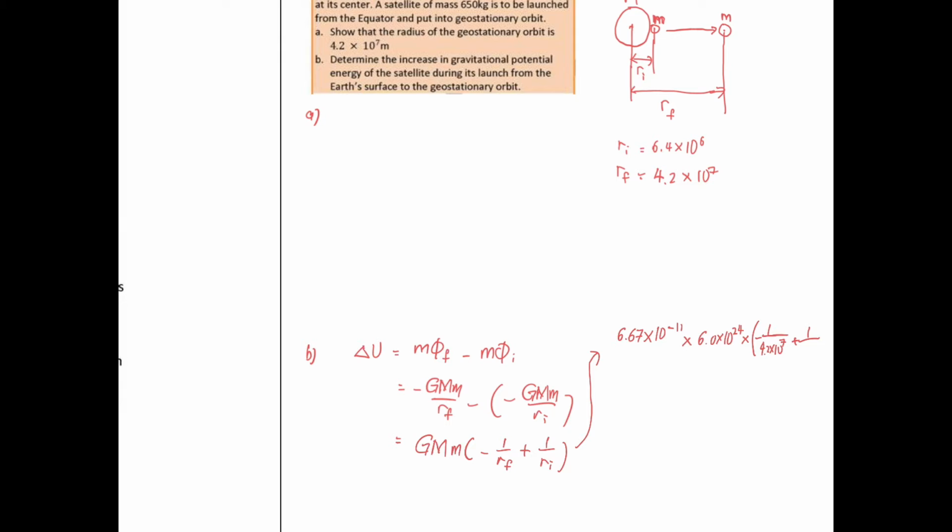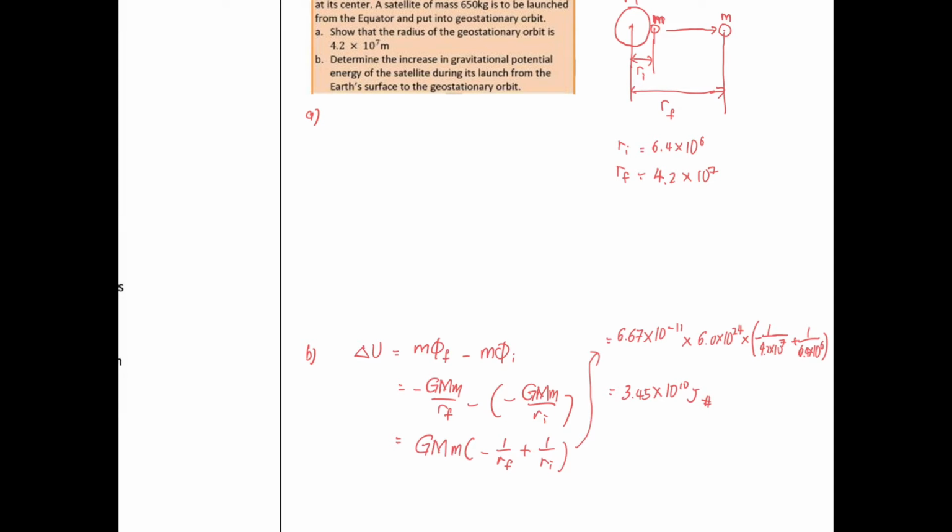R initial is 6.4 times 10 to the power of 6. Then we count this out, and at the end it will get 3.45 times 10 to the power of 10 joule.